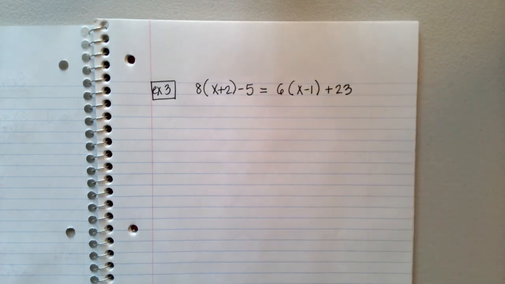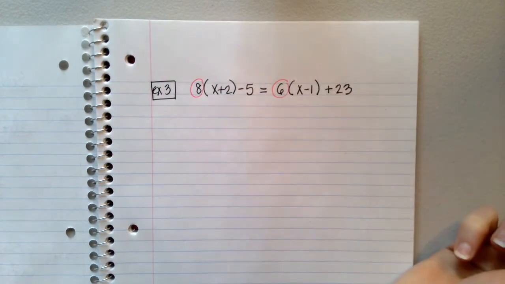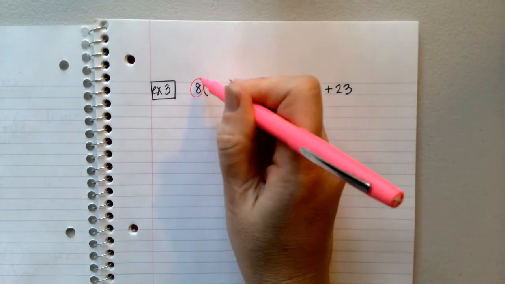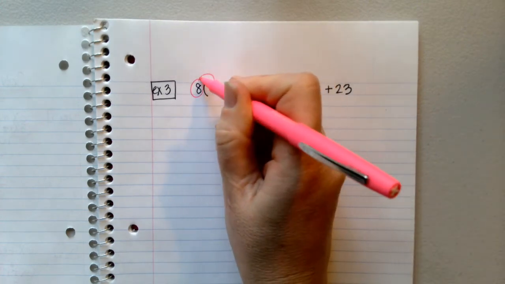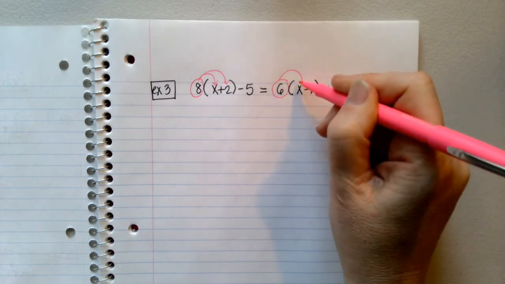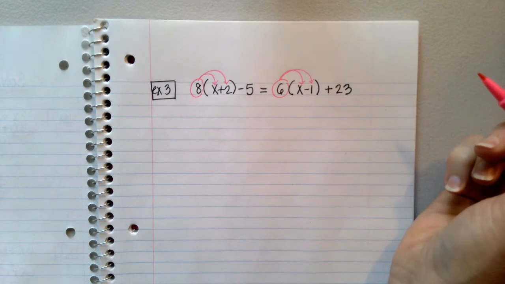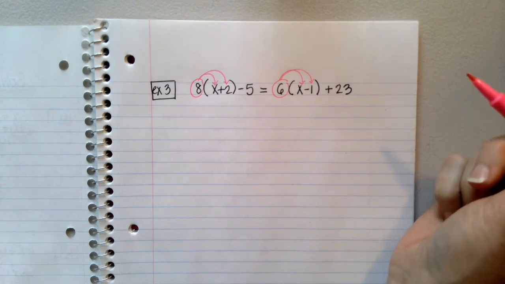Oof, those look rough. First question, do I have any distributing? Yes, I need to distribute my 8 and my 6. The 8 is getting multiplied by the x and by the 2. The 6 is getting multiplied by the x and the negative 1. Don't forget to take your negatives with you.